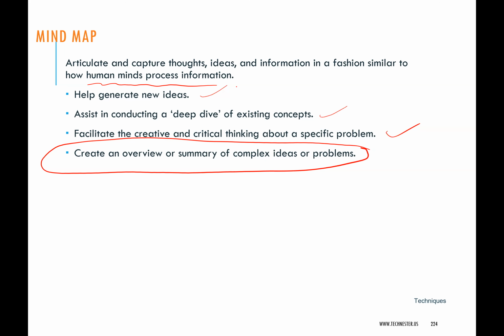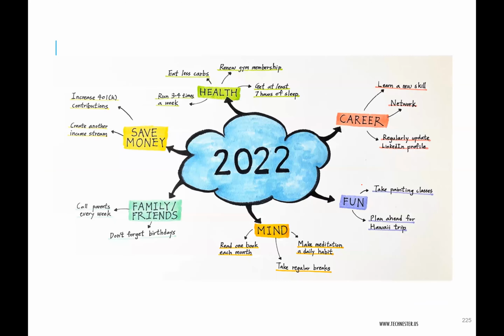You see all these other uses, 1, 2, 3, they are good when you are eliciting requirements. So mind map can be used for different things. They're good for your brainstorming sessions and all those types of workshops. But we want to use it to summarize all the complex information we have collected so we can see the relationship between them. So let's see an example.